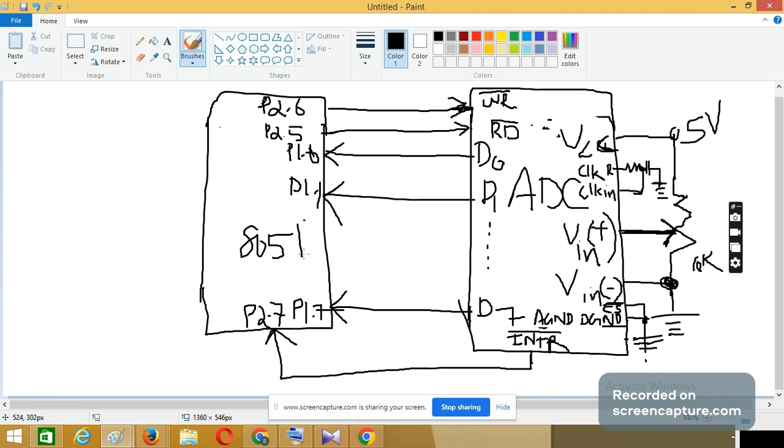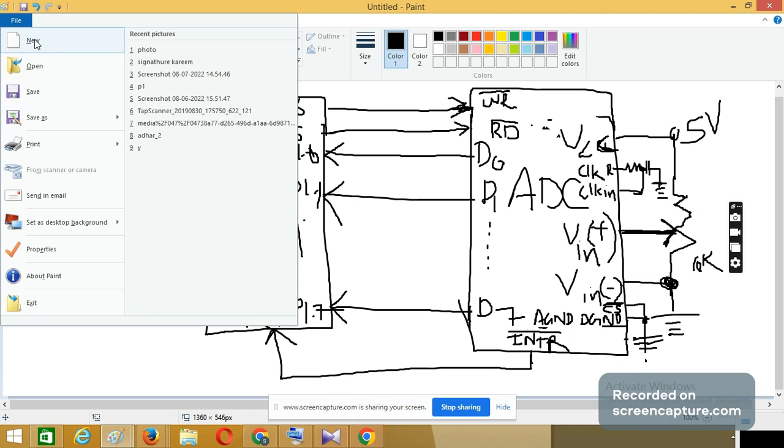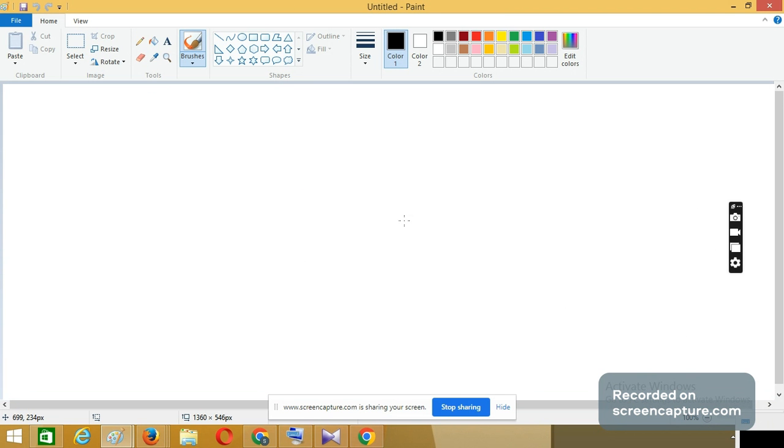Now the sequence of steps it has to perform for a conversion is, whenever the microcontroller wants to read a digital signal from the ADC, first it has to tell the ADC please do the conversion. That is done by means of write bar. Then it starts converting.